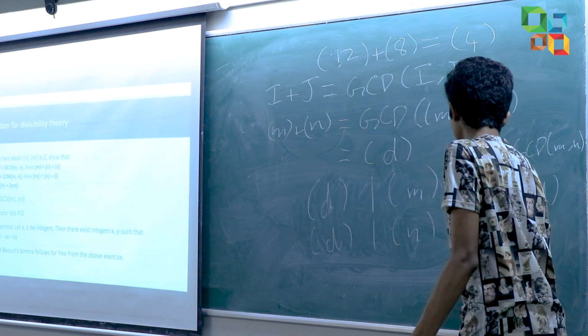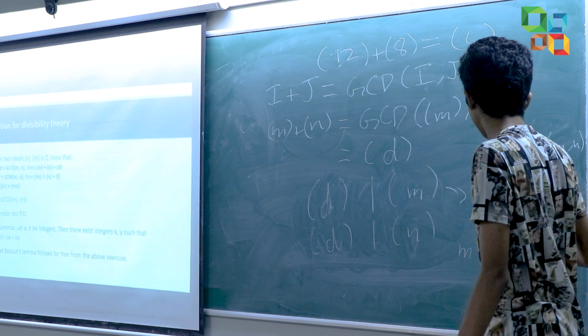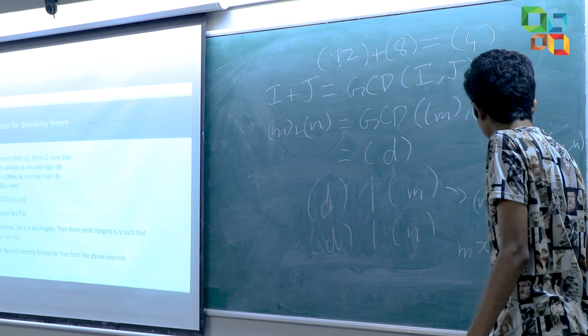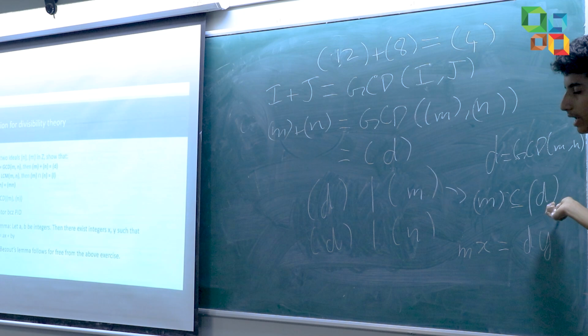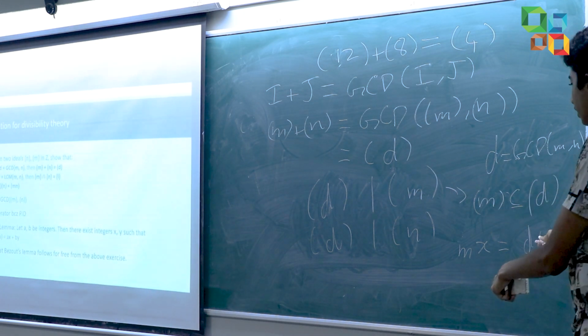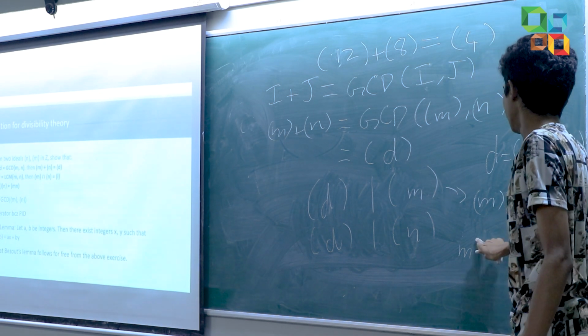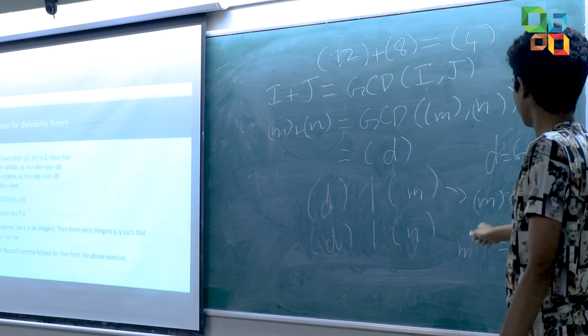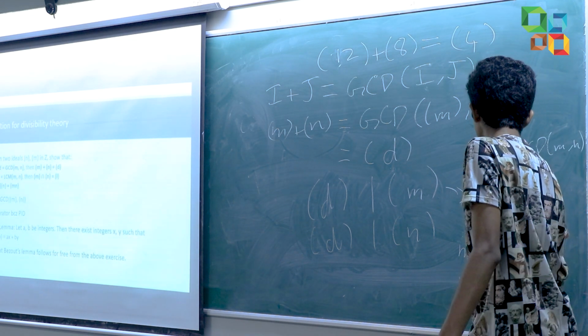And that means any multiple of M, that is Mx for some integer x, can be written in the form Dy, because it is a part of D as well. Anything that's a part of M is a part of D as well. Now you choose x to be 1, because it's any integer. That's the identity. So M is equal to D times y, therefore D divides M. Similarly N is equal to some Dz, so D divides N, and it's the greatest common divisor.